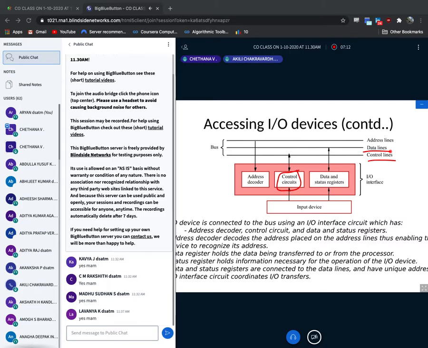Similarly, you can send data to the keyboard or receive data from the keyboard. It's vice versa. The data lines will be under the control of the data and status registers. Examples of registers are the data in and data out registers. Inside that register, you can write the data or read the data.